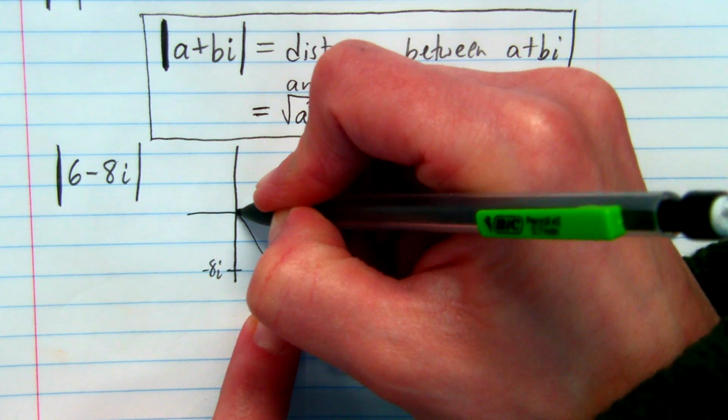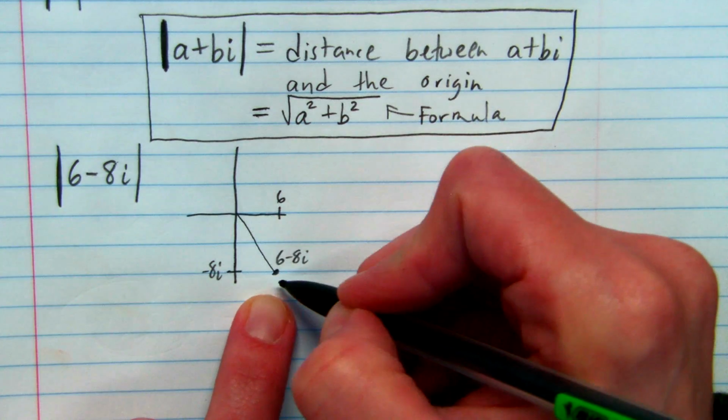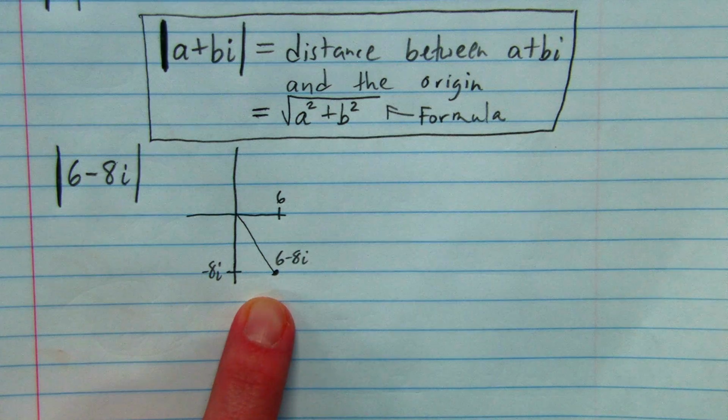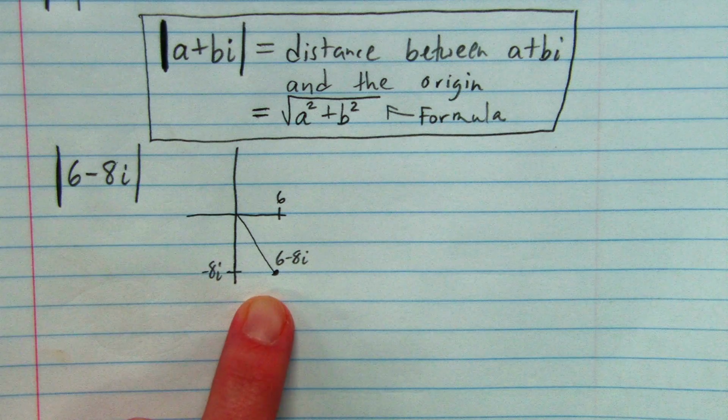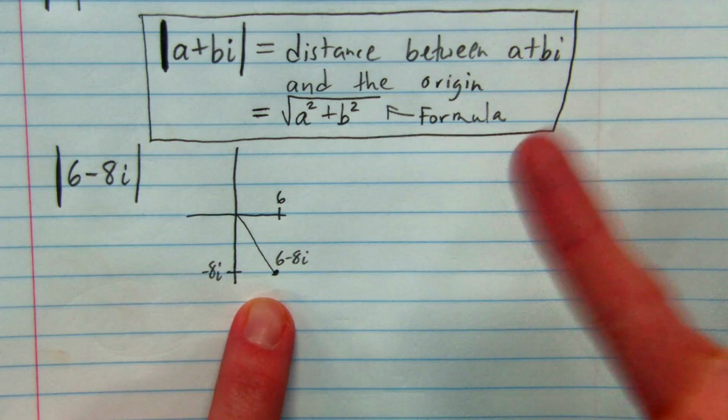Okay? So, to find that distance, you could think of it as using the distance formula, which we've done before, or even simpler than that, it all goes back to the Pythagorean theorem.